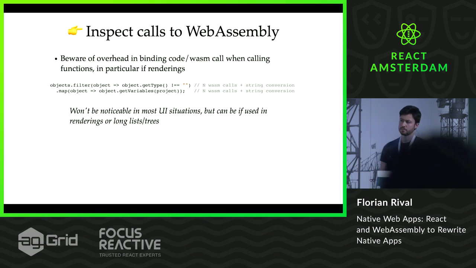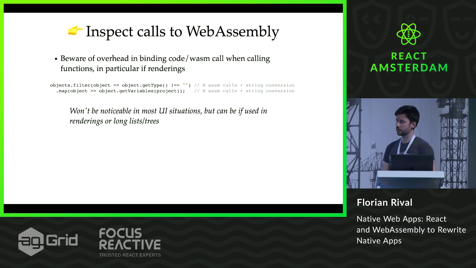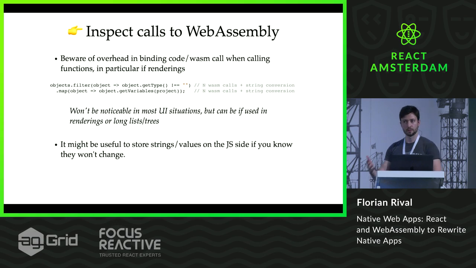I think that this has been fixed in Firefox, but in other browsers, you still have some overhead when you're calling into WebAssembly. It won't be noticeable most of the time, but it might be a good idea to store things like values or results of computation inside the JS world, so you can iterate on them without going through the bridge between JavaScript and WebAssembly.